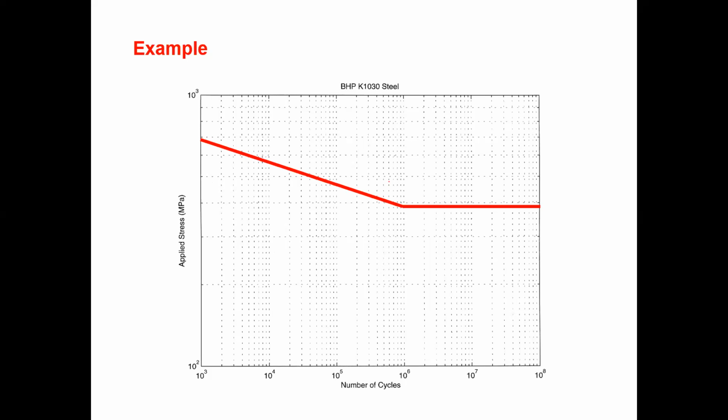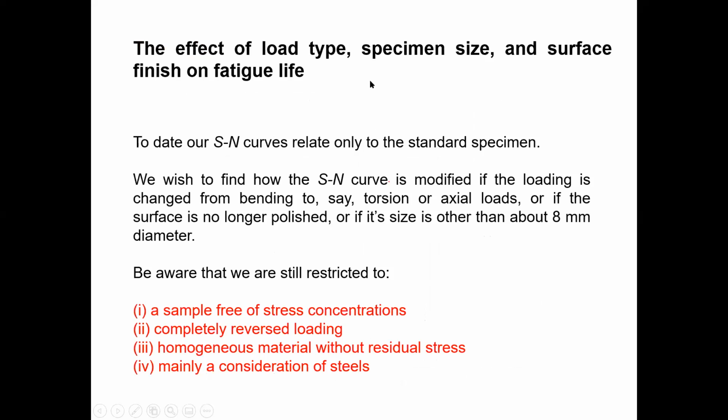And this is the SN curve, the number of cycles, and this 3, 7, 6 is for steel. Here, fatigue lifetime will vary with the load type.